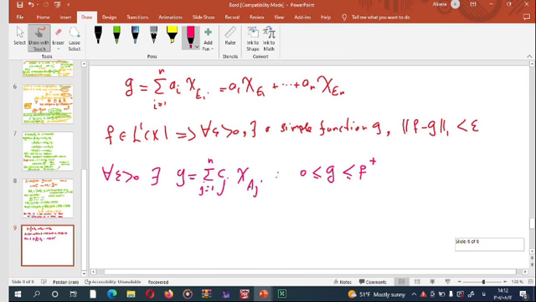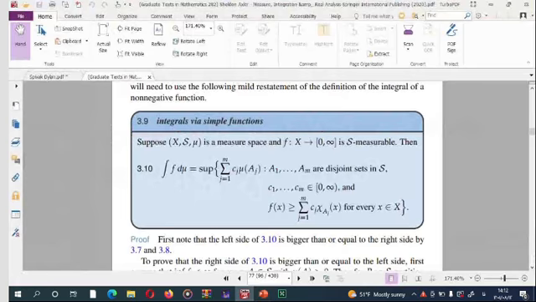And this g is non-negative by this assumption. These coefficients are non-zero, so this function is non-negative, okay?